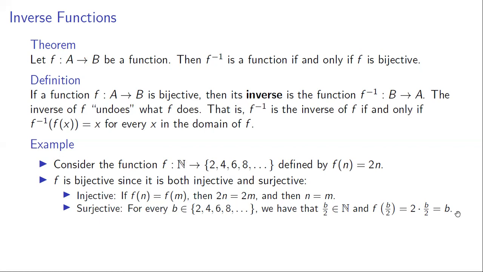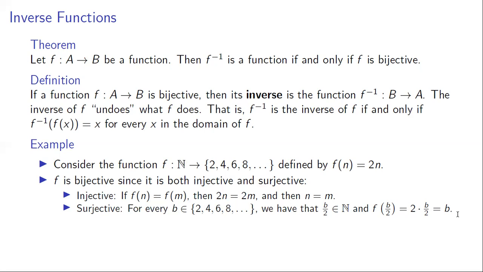Now, I just want to stop here for a second, because if you really are thinking about this, it should seem rather strange, because a bijective function matches up the elements of the domain and the codomain, right? They match up like the fingers on your right hand match up with the fingers on your left hand.